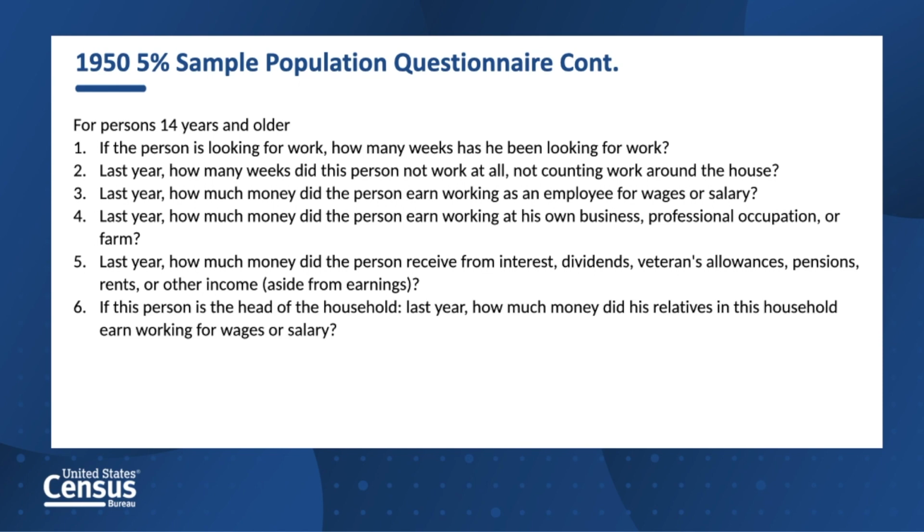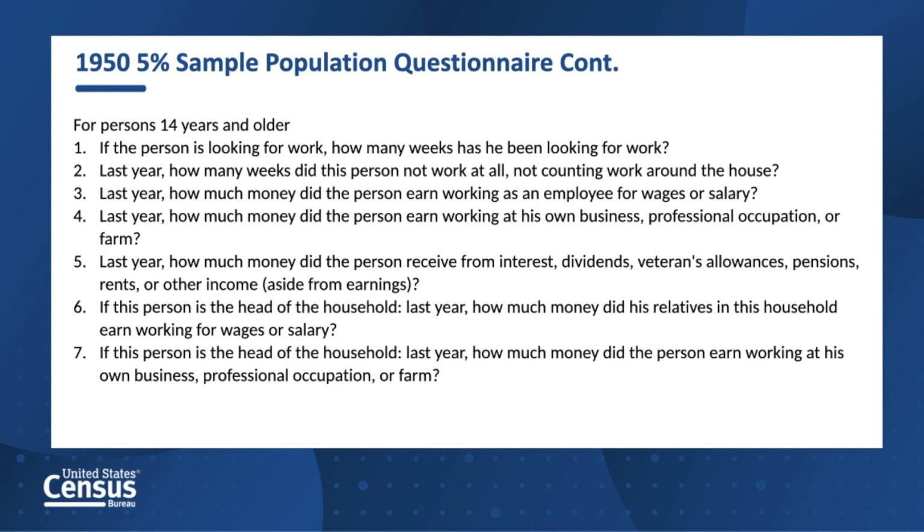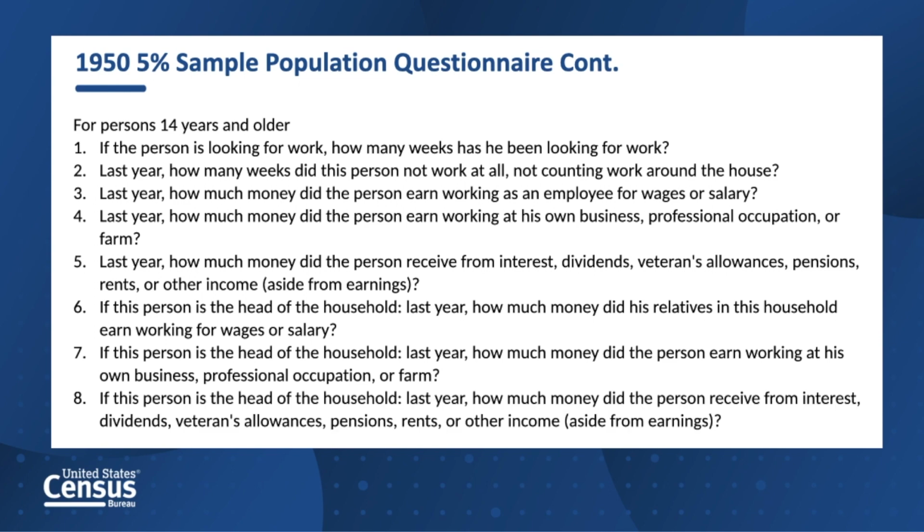If this person is the head of the household, last year, how much money did the relatives in this household earn working for wages or salary? If this person is the head of the household, last year, how much money did the person earn working at their own business, professional occupation, or farm? If this person is the head of the household, last year, how much money did the person receive from interest, dividends, veterans allowances, pensions, rents, or other income, aside from earnings?